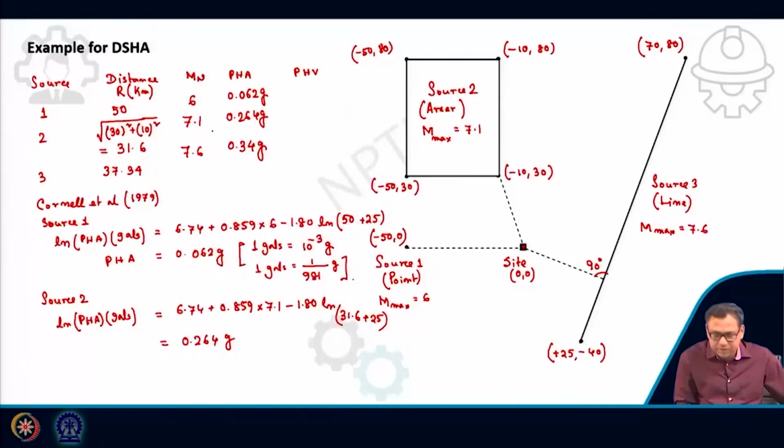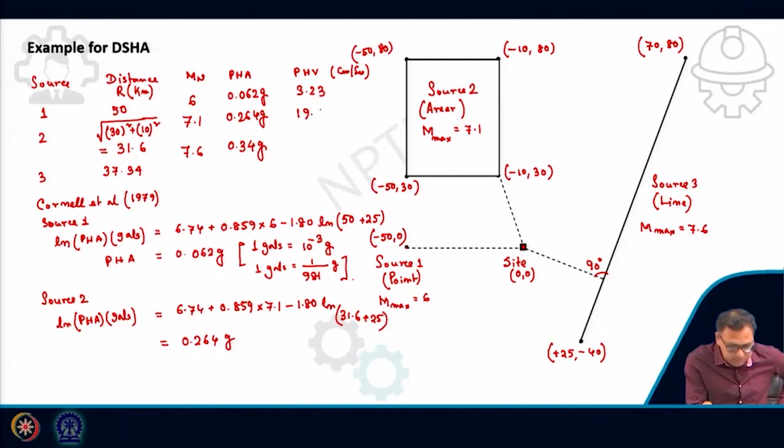So now if I put these values, this PHV, it is in terms of centimeter per second. So this will be 3.23, then this is 19.64, and this is 28.3.